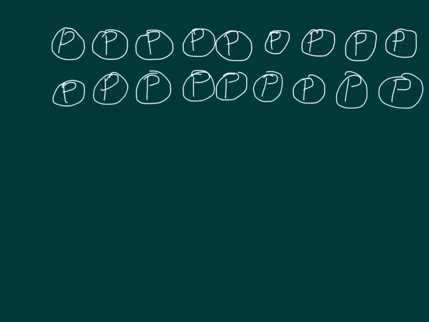Sometimes when we're exchanging money, we see a large group of small coins. Right now, I have 18 pennies. I'm going to start looking for groups of 5. Can you count with me? 1, 2, 3, 4, 5.